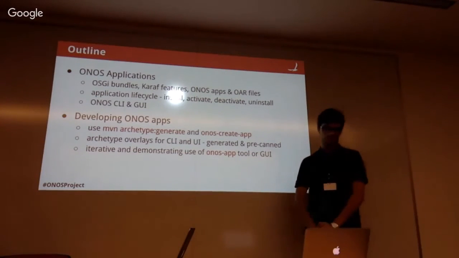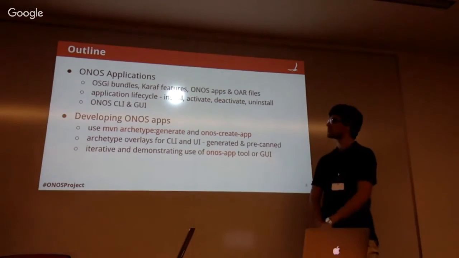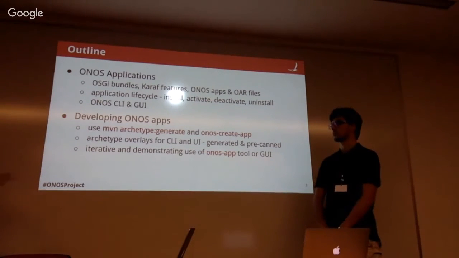So ONOS is built on top of this. We didn't want to reinvent the bundling mechanism; we inherited straight from OSGi, and we didn't want to reinvent the feature mechanism that Karaf has.